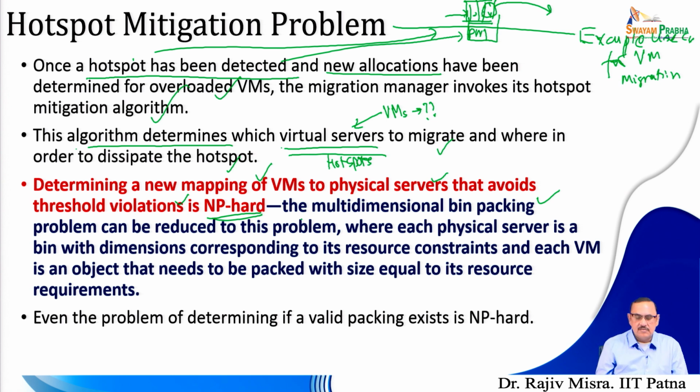Since multidimensional bin packing is an NP complete problem, this becomes an NP hard problem, where each server is a bin with dimensions corresponding to the resource constraints, and each virtual machine is an object that needs to be packed with the size of its resource requirement. Even the problem of determining if a valid packing exists is NP hard.